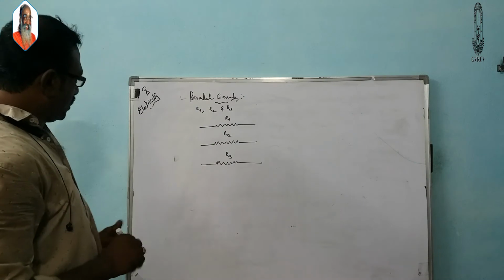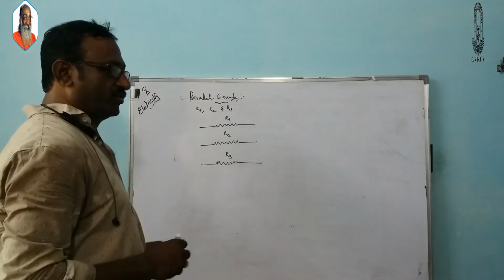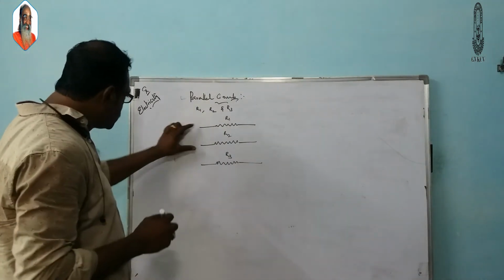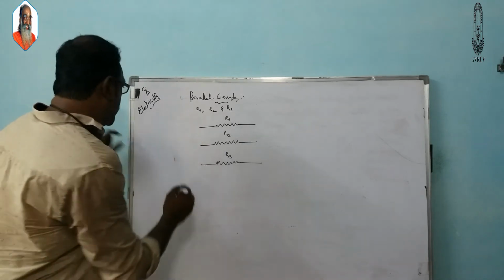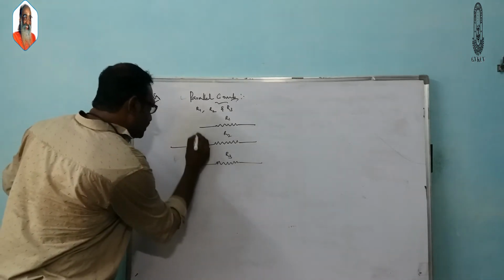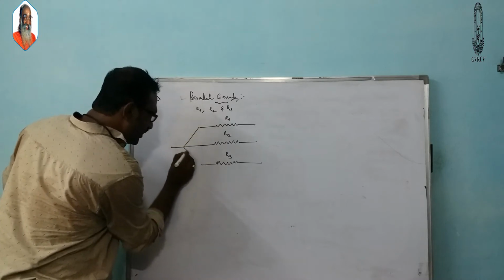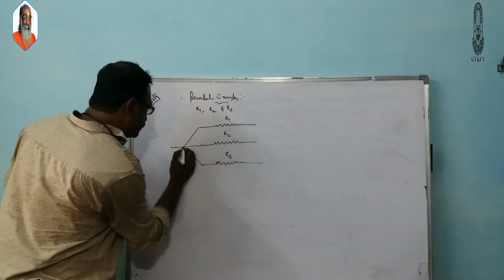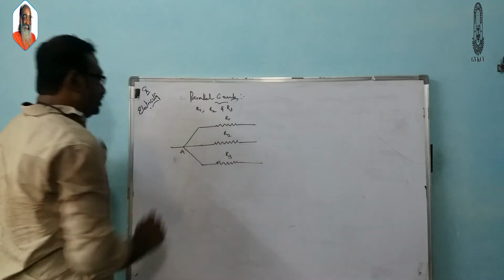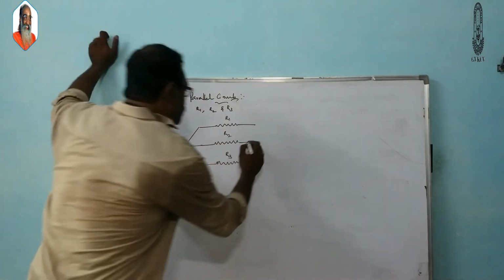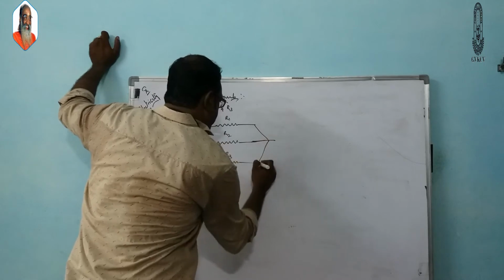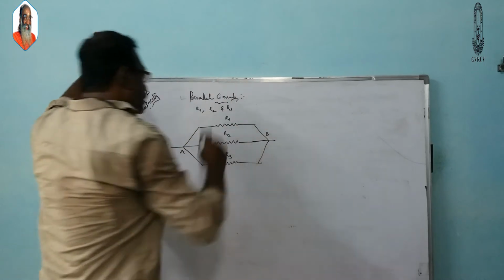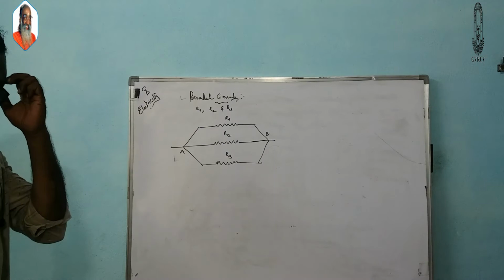Now according to our statement, all one ends connected to a point. So how to make it? Extend the line here and join it here. So all the one ends connected to a point, and all the other ends connected to another point. Now this combination is the parallel combination.